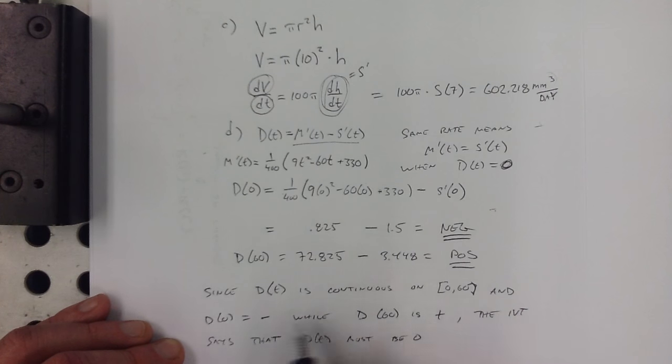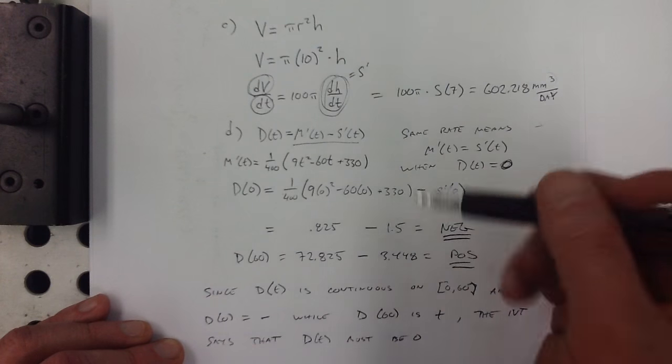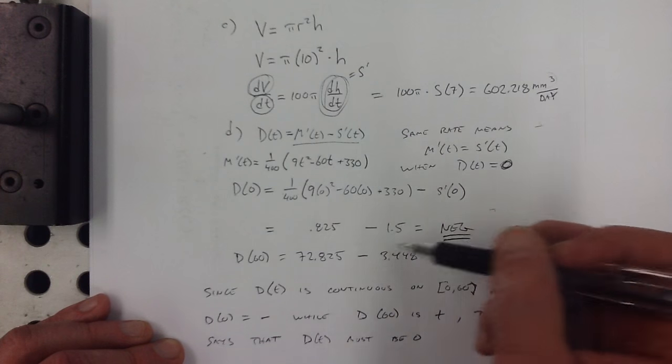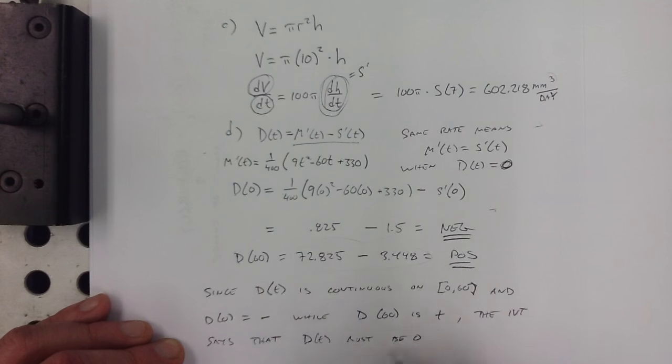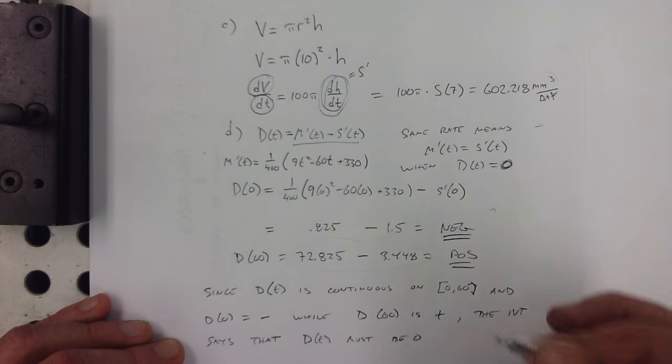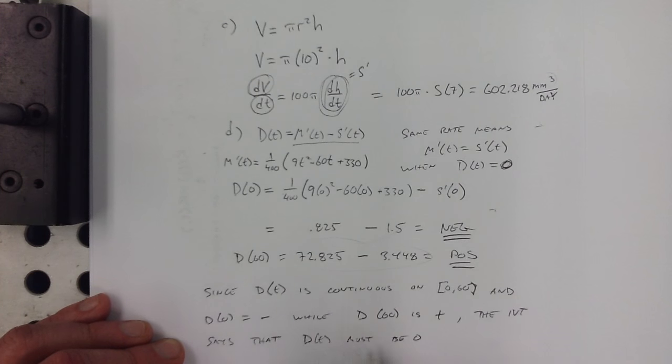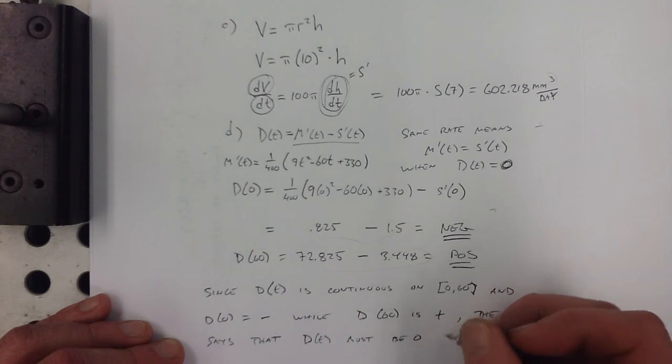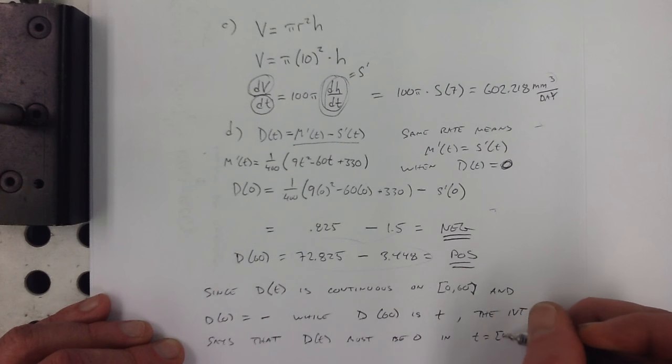In fact, it could be any number in between these, right? In between whatever that is and whatever that is. But 0 is between those, negative and positive. So it must be equal to 0 at least once in the interval t from 0 to 60.